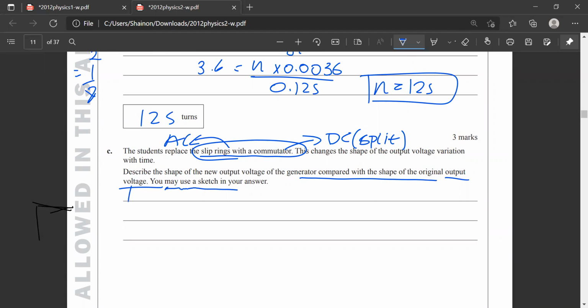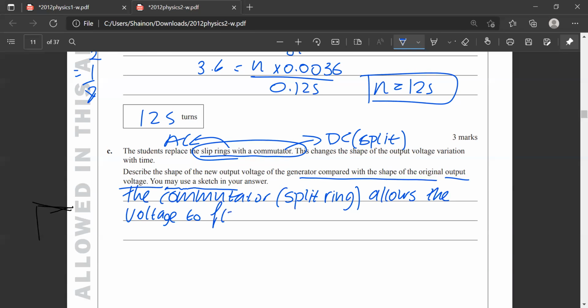I talked about how the commutator, split ring, voltage to flow in one direction.